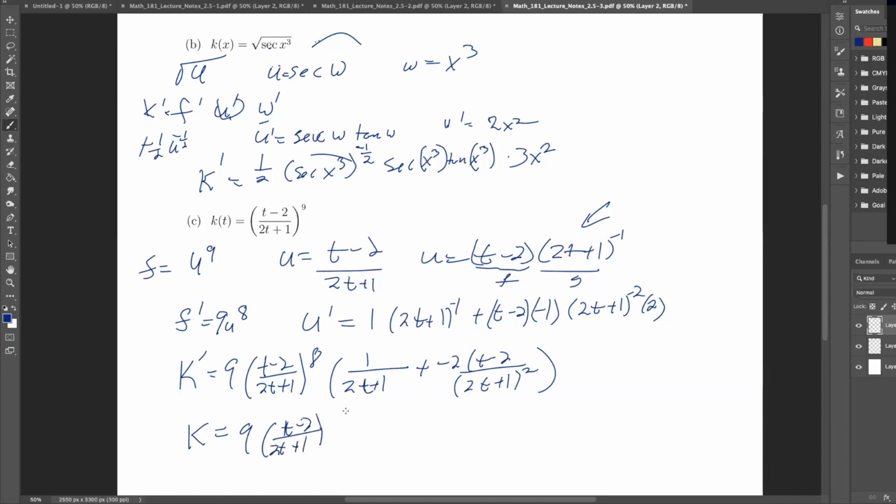But I did want to show you, because this would be 2t plus 1 minus 2 times t minus 2, all over 2t plus 1 squared. In this case, you can see the derivative on the bottom is 2, so it'd be f g prime. Is that a 2t? Yeah, that's 2t up top.